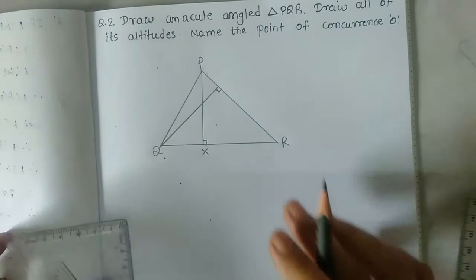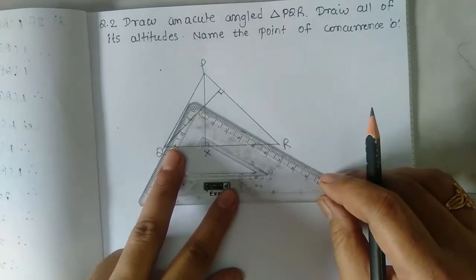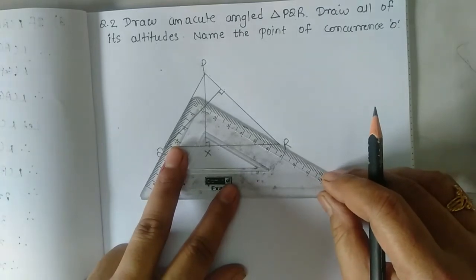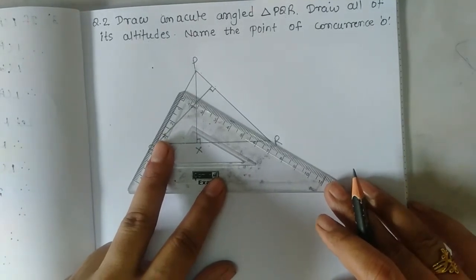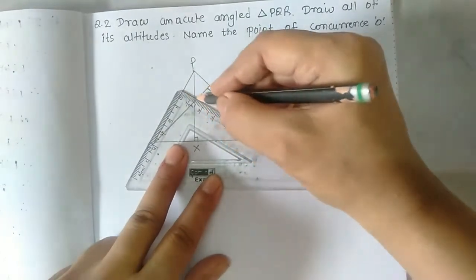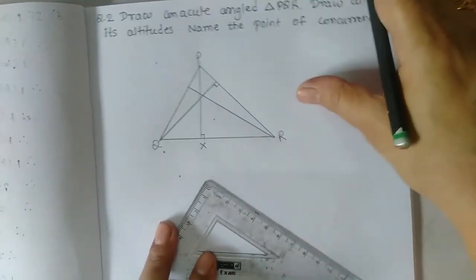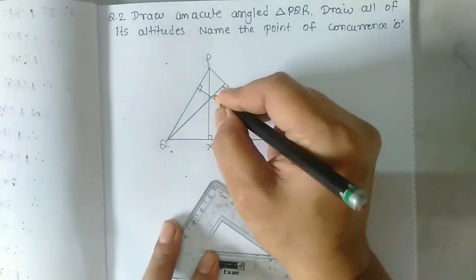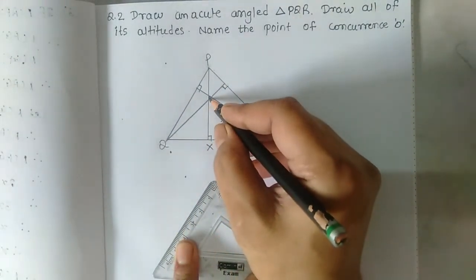Now draw the altitude from R. Okay, so draw the altitude on the side PQ, drawn from R. Now you see that the altitudes of the triangle pass through a single point.